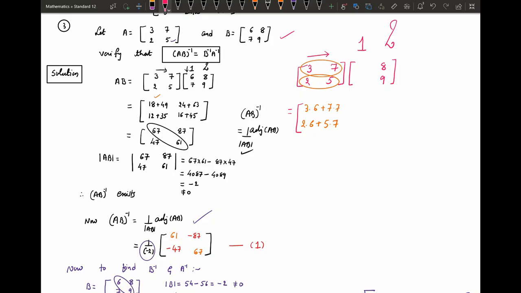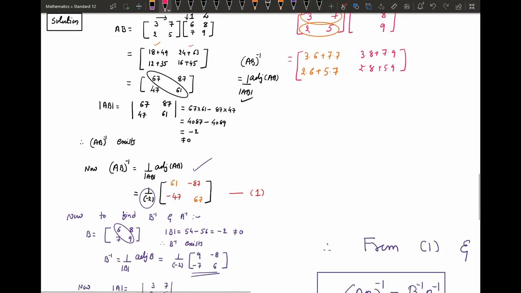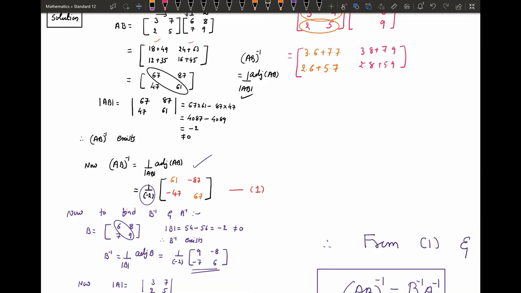So first row, second column: 3 into 8 plus 7 into 9, and 2 into 8 plus 5 into 9. So this is 24, 63, 16, and 5 into 9, 45. So this is AB, the multiplication of two matrices A and B.